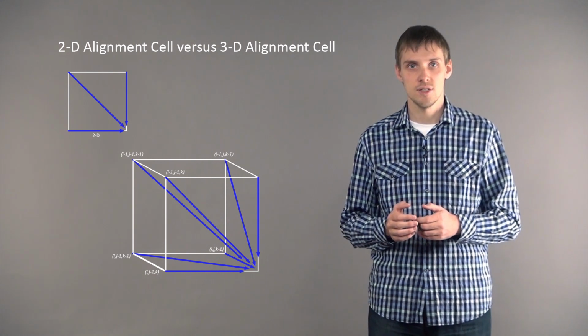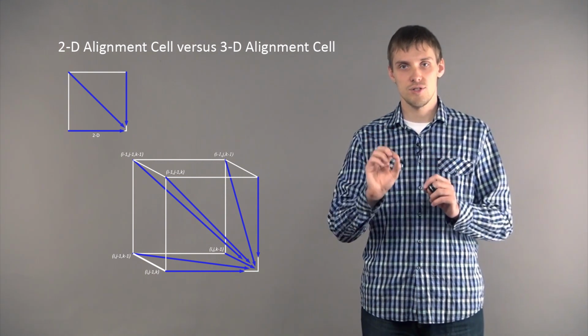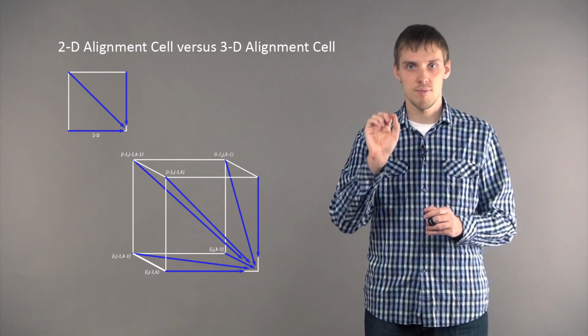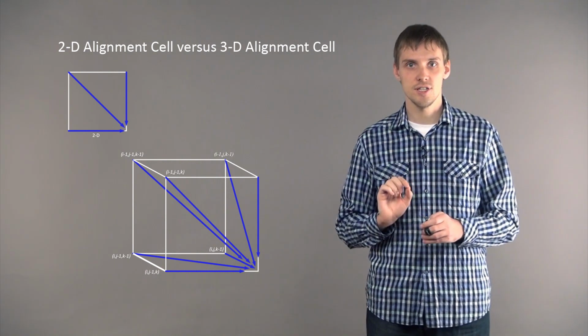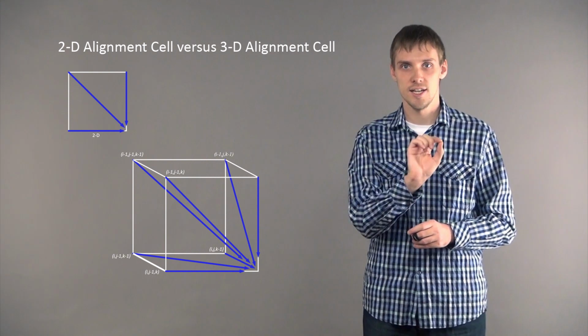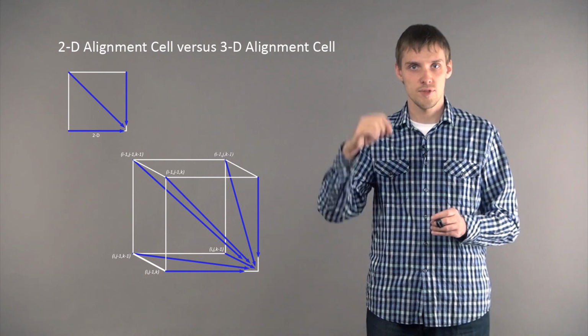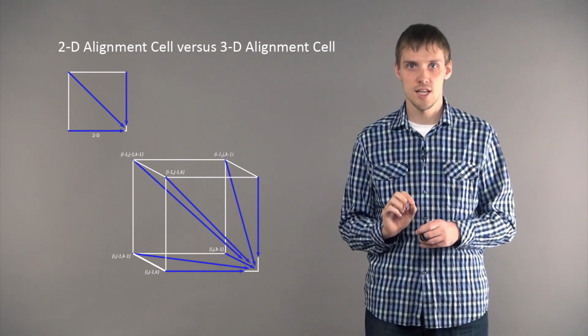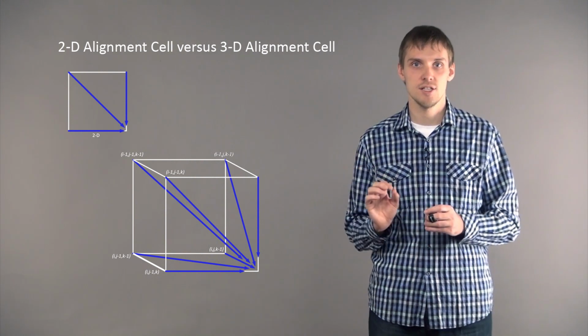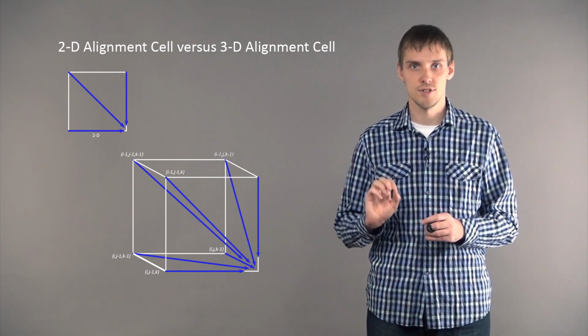In two-dimensional alignment, during each step, we took the maximum of three values which were vertically, diagonally, and horizontally opposite to this alignment cell. But in multiple-dimensional space, you will have more neighbors for each cell.